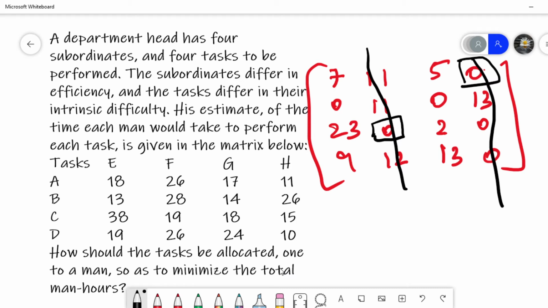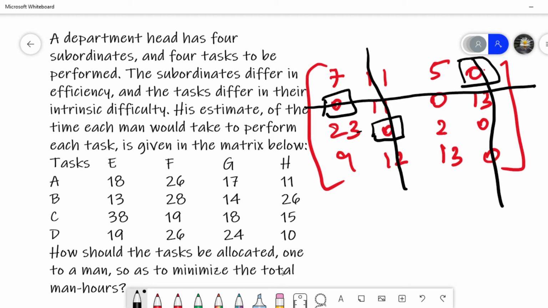In the first column we have only one 0, and we draw the horizontal line. In column 2 it is already covered. In column 3 we don't have a 0. In column 4 also it is already covered.